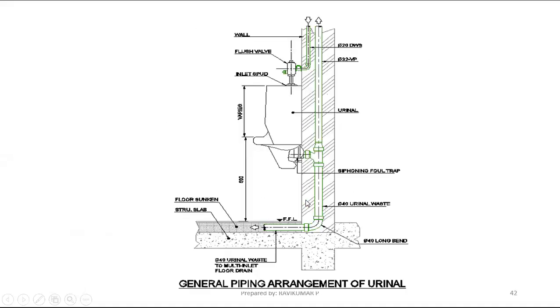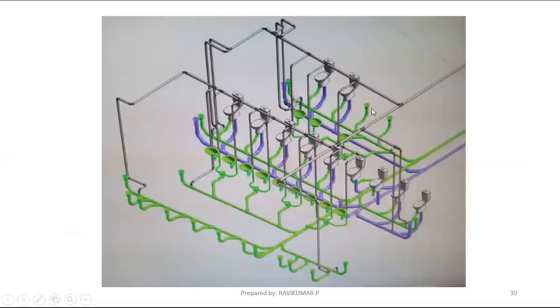If you see this network here, this is a waste pipe. For the waste pipe, we are taking the branch here. If the total length is only 10 meters, 40 mm is enough for the total length. But if it is more than 10 meters, you take 40 mm up to 10 meters, and then you have to make one reducer change to 50 mm.